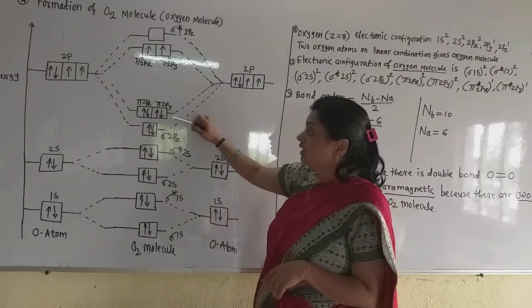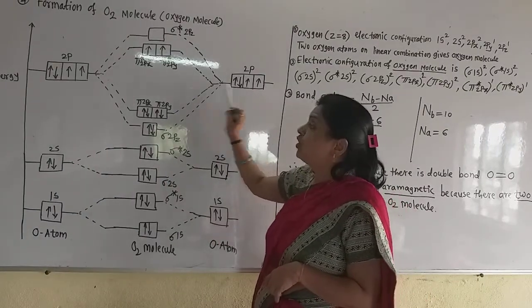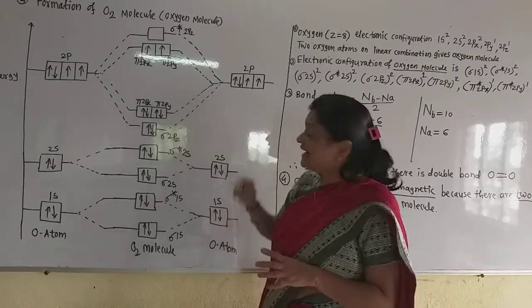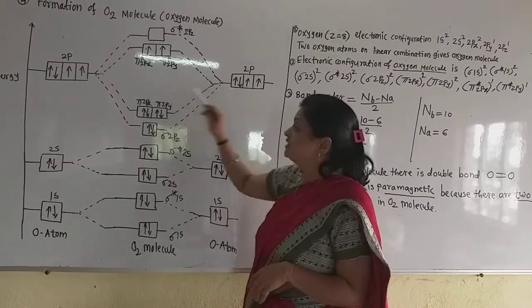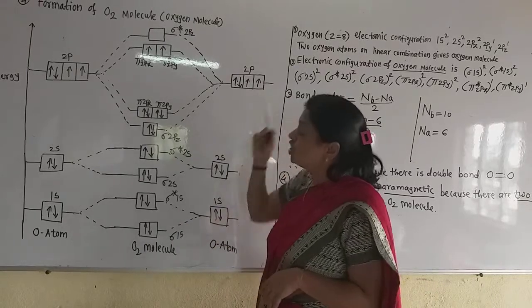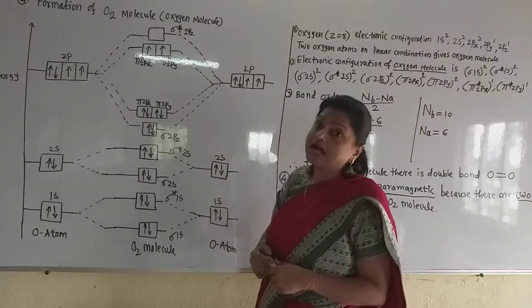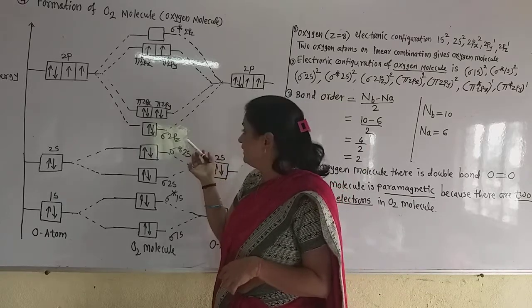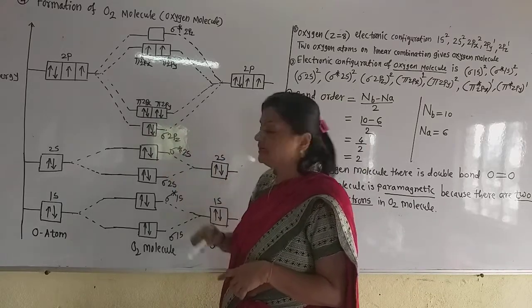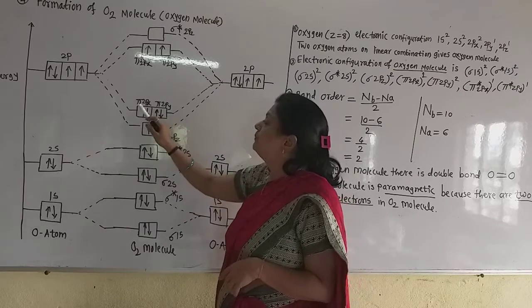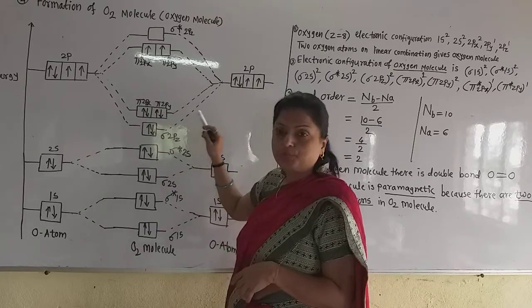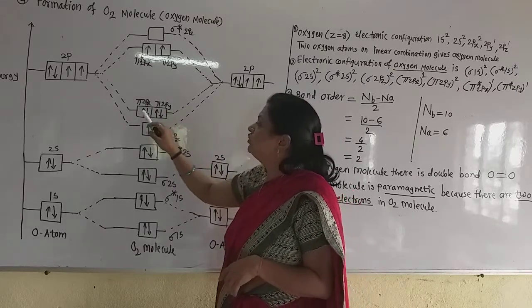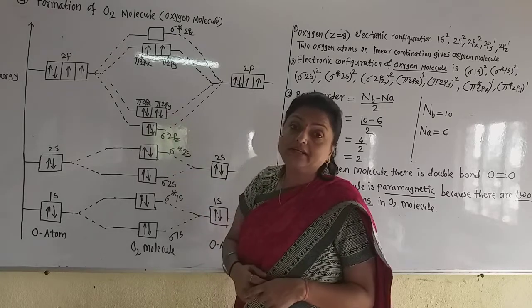Now here there are 4 plus 4, 8 electrons in total. So these electrons go into the orbitals, the bonding orbitals first. Now there are 3 bonding orbitals, sigma 2pz, pi 2px and pi 2py. All these bonding orbitals contain 6 of the 8 electrons.